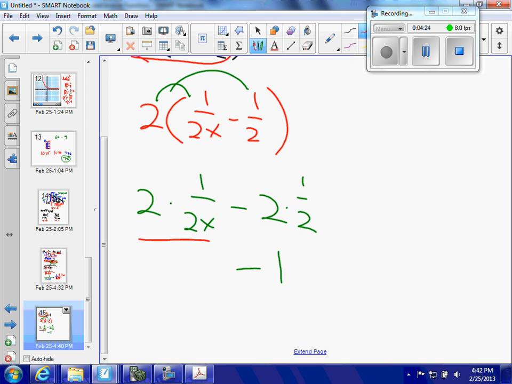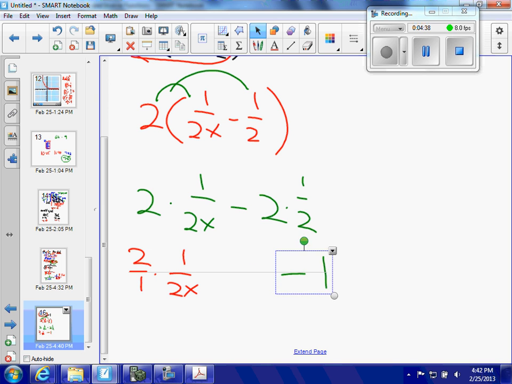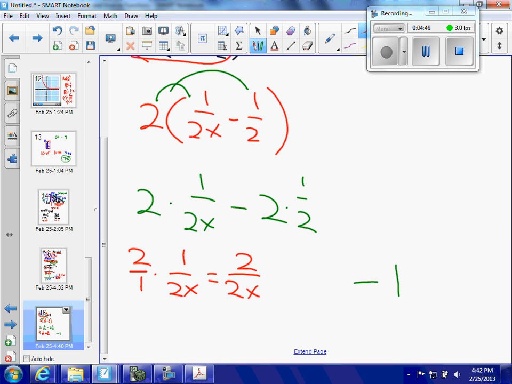So I'm going to rewrite this as 2 over 1 times 1 over 2x. And I think then people can see how this works a little bit better. Because if I do that, this piece is equal to, just multiply straight across, 2 over 2x.